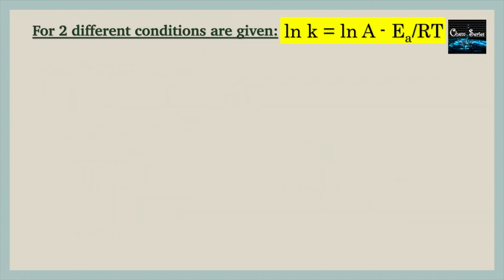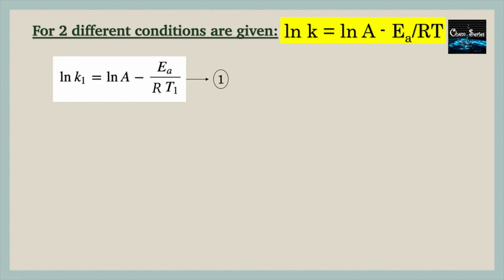Now if we have two different conditions of rate constant and temperature, then we have to derive an equation which will be useful for us to solve problems. So for example, ln k1 equals ln A minus EA by RT1.